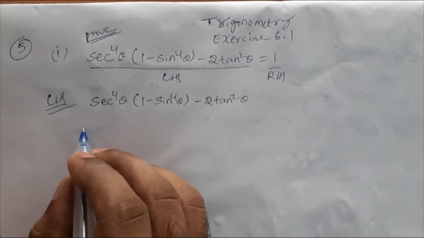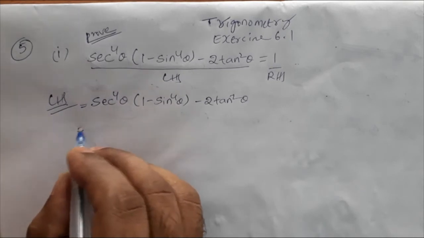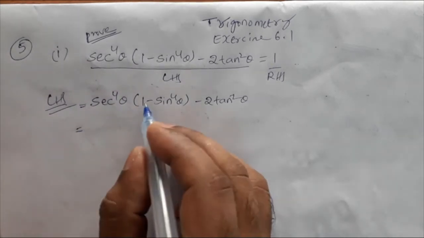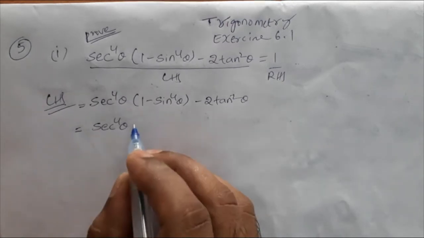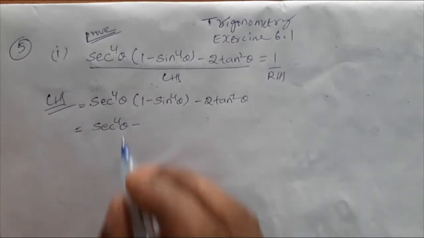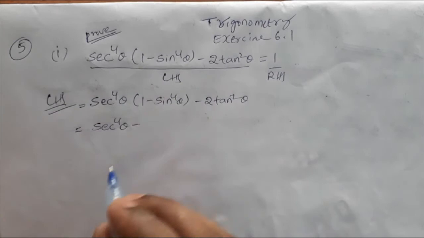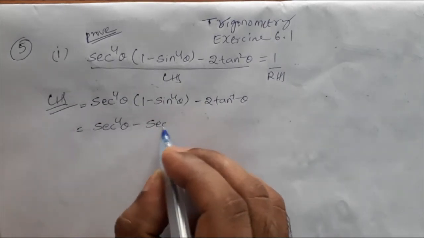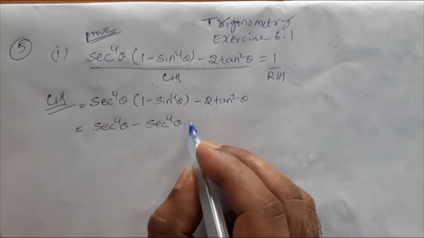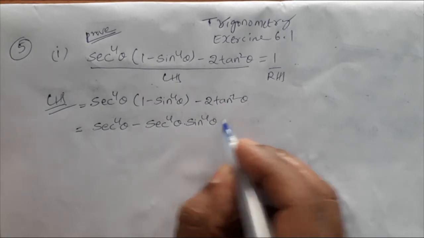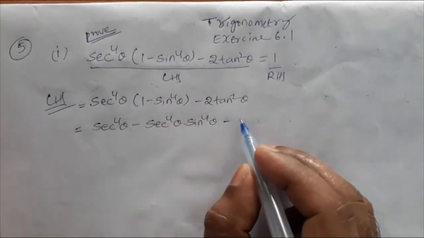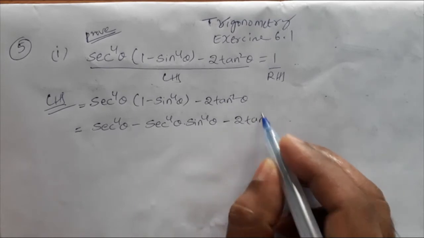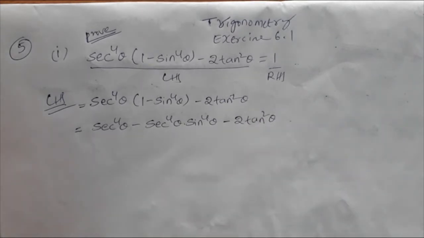That means secant power 4 theta into 1, which is secant power 4 theta, minus secant power 4 theta into sine power 4 theta, minus 2 tan square theta as it is.